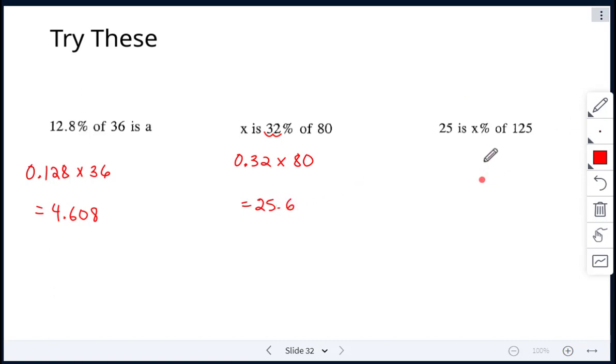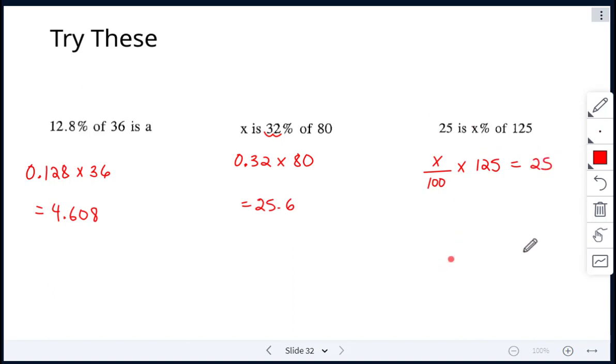For the last one, we have to figure out that percent. 25 is x percent of 125. For this one, we can set that up as x over 100 times 125 is equal to 25. We would have to work backwards for this one.